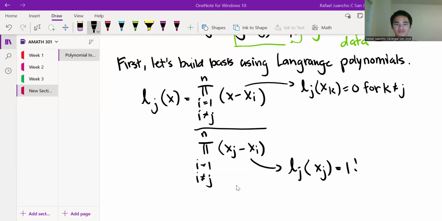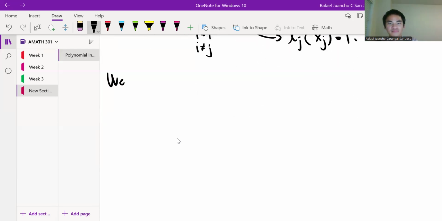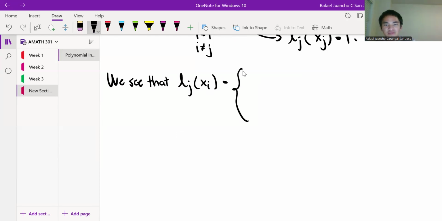And so we see that L_j, when we plug in some ith value, is going to be one of two things. It's going to be a 1 or a 0, right? It's going to be a 1 if my j is exactly my i, so if I find the value itself. It's going to be 0 if my j is not i.